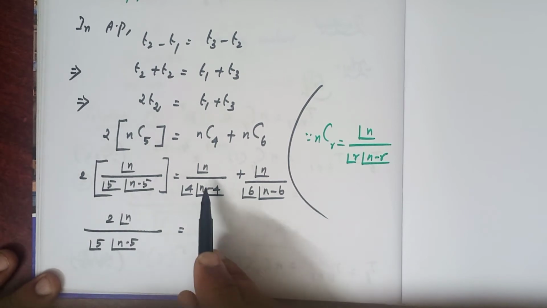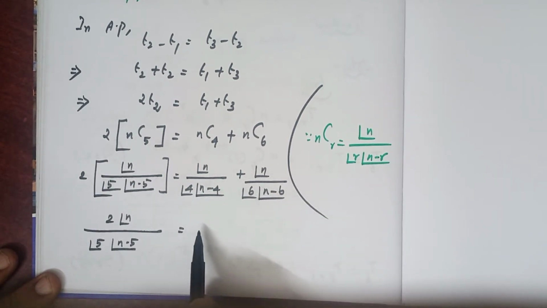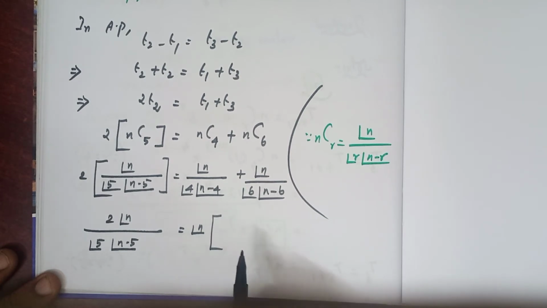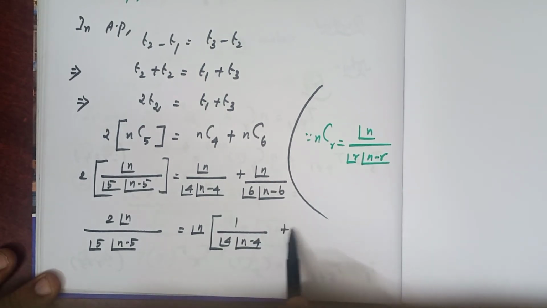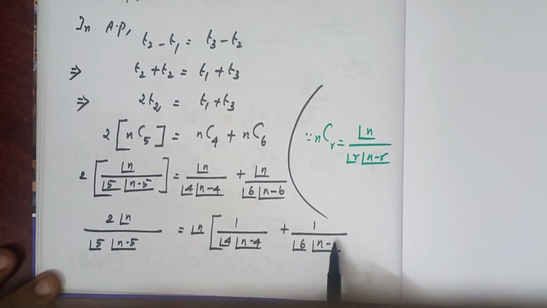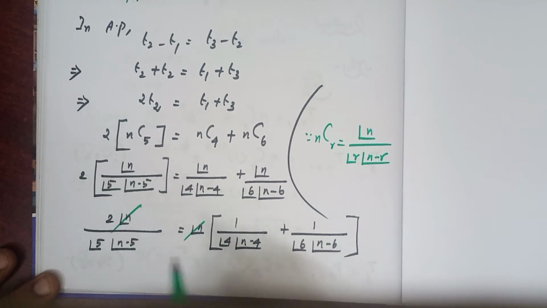Now here you can take n factorial as common, into 1 divided by factorial 4 into factorial n minus 4 plus, since we have taken factorial n as common, 1 divided by factorial 6 into factorial n minus 6. n factorial gets cancelled.